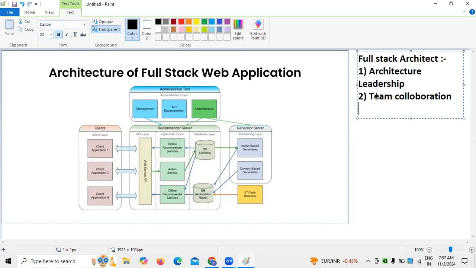But when it comes to the role of an architect, especially from the full stack point of view, you need to have some understanding of complex and scalable environments, especially cloud-based applications, collaborating with cross-functional teams like the development team, operations team, and product teams to gather the requirements and understand the roadmaps.